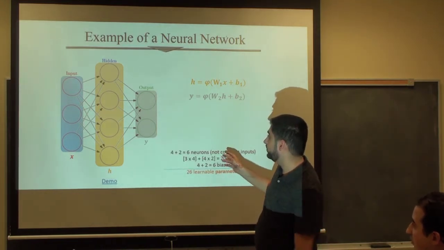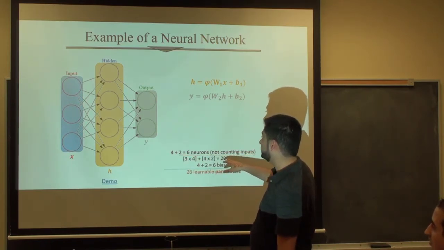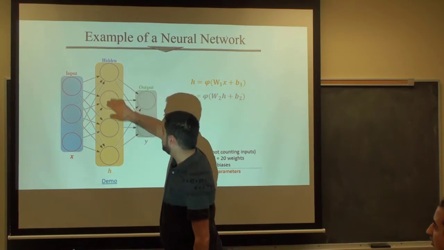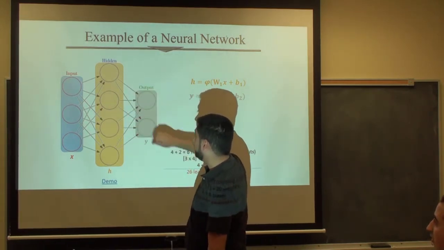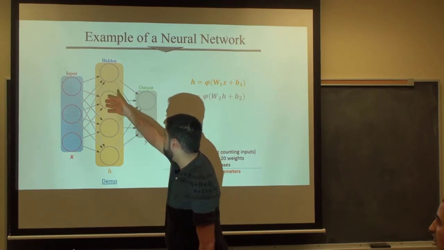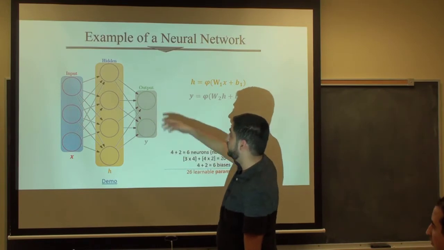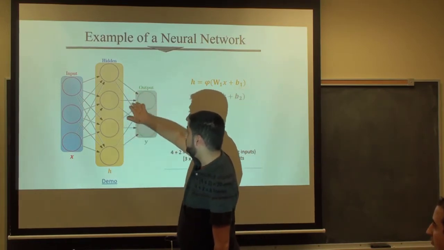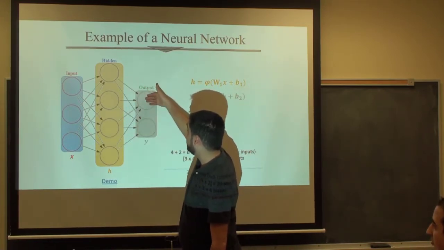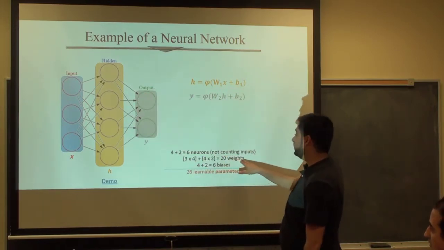If we look at this network, we have 4 plus 2 neurons. Here we got 4 nodes and 2 nodes. For each one in this layer we have 3 weights, so we have 3 times 4 weights here. Then we got 4 inputs going to each of the 2 nodes, so 4 times 2, which gives 20 weights.